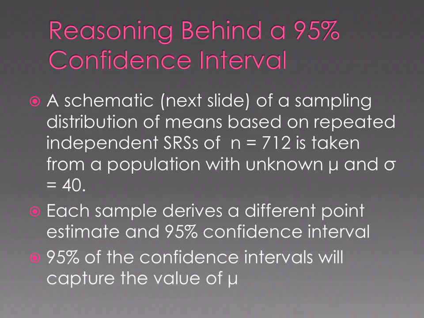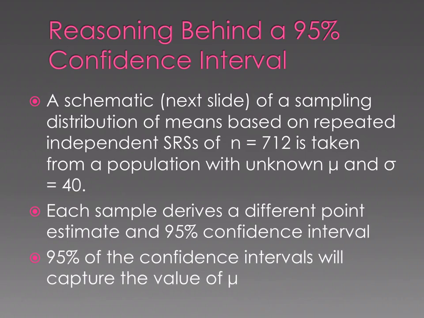So the whole point of a confidence interval is we're stating this is how confident we are that the true value of mu, when it's not known, is going to be in this range. And we're either going to be 90% confident, 95% confident, 99% confident that the true value of mu is captured in this interval.